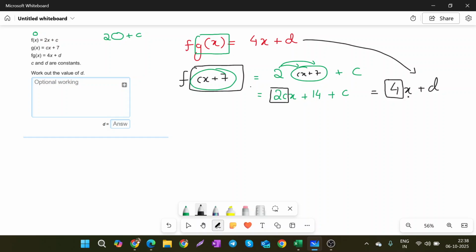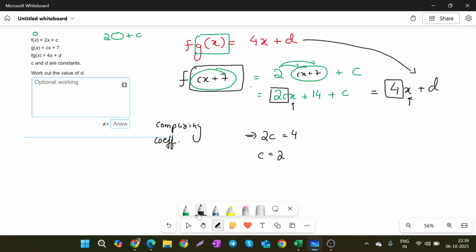That tells you, because this is also the x variable, this is also the x variable, and because you know them two are equal, we call this method comparing the coefficients. So you're comparing the coefficients of the same variables. So that forces 2c to be equal to 4, which then makes c equal to 2.